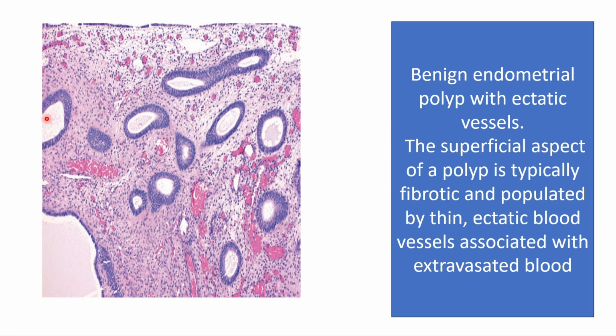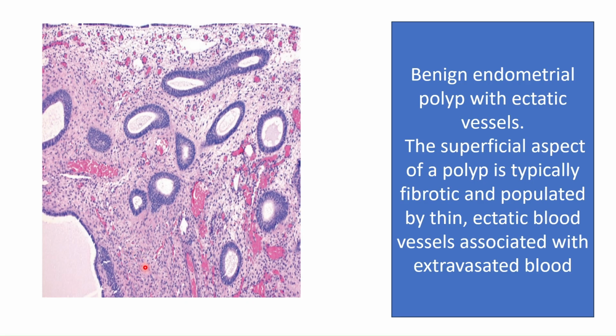Here, an endometrial surface polyp showing surface epithelium which is visible properly here, and beneath the surface epithelium these are the dilated and ectatic vessels, few small vessels here, dilated vessels, and some of the vessels are associated with extravasated RBCs.